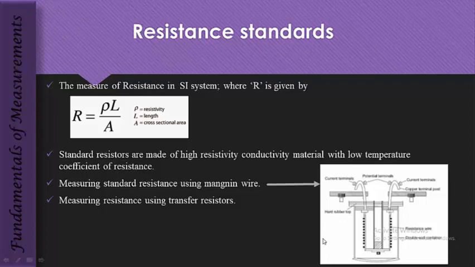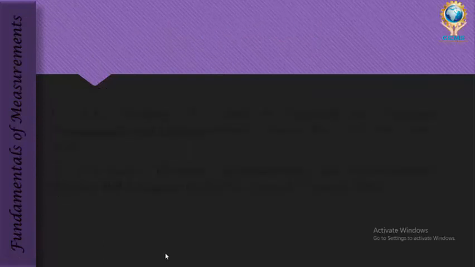The resistor, which we call the transfer resistor as laboratory standard, was taken in polyester film, and it was taken in a moisture-free oil container, and from that they measured the standard resistance. So this particular measurement was found to be standard and it was acceptable. So this is how the resistance standard was measured.